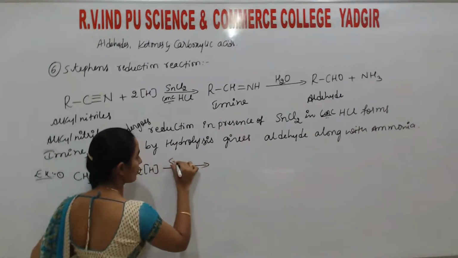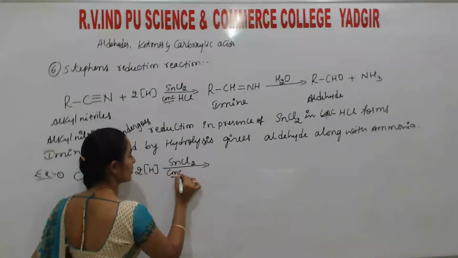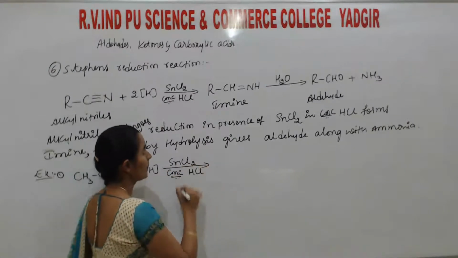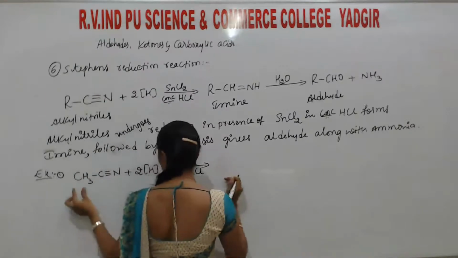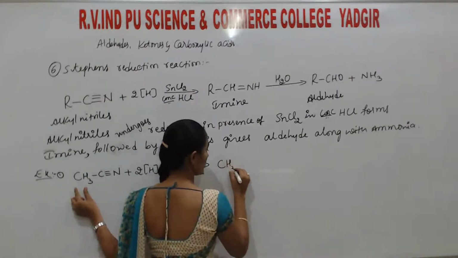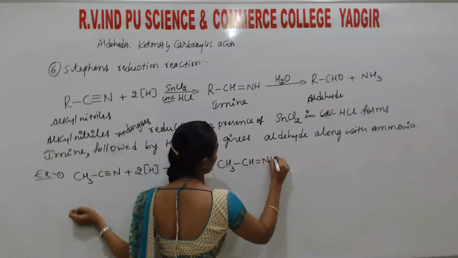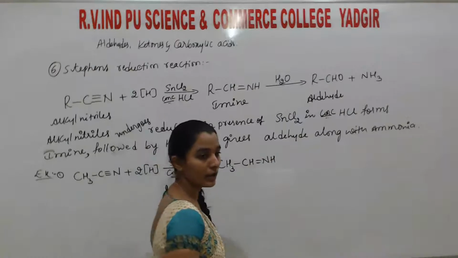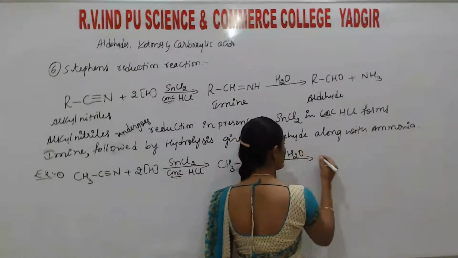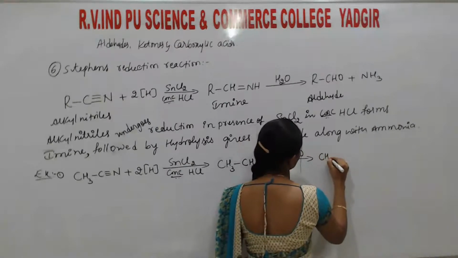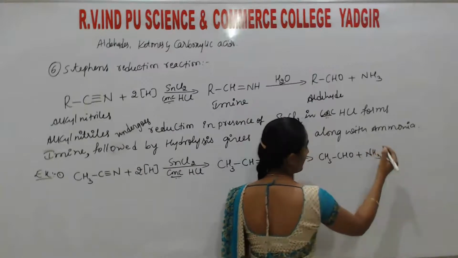In the presence of stannous chloride and concentrated HCl, they form imine. So in the place of R, we substituted CH3: CH3 CH double bond NH. Of course, it is also imine. Okay, so followed by hydrolysis gives CH3 CHO plus NH3.